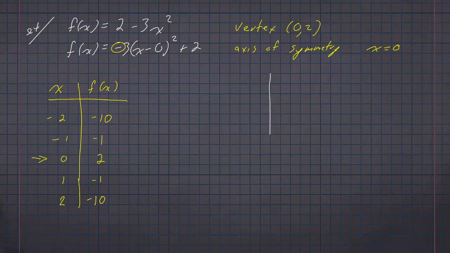Sketch out some coordinate axes, and I've got some very negative numbers, so I'll make some very tall coordinate axes here.